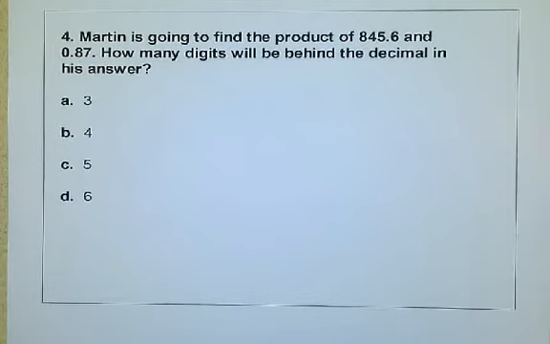Alright, on your paper, you should have already written out how you would solve this. I want you to turn to your partner and explain how many decimal places you think there would be in the product, and then if you disagree, you need to come up with a solution.